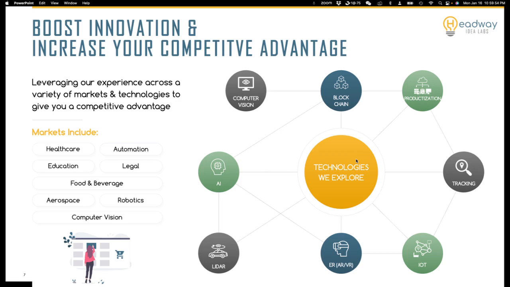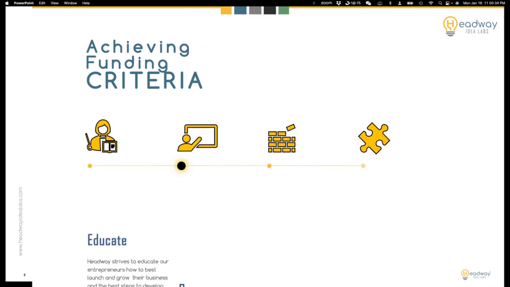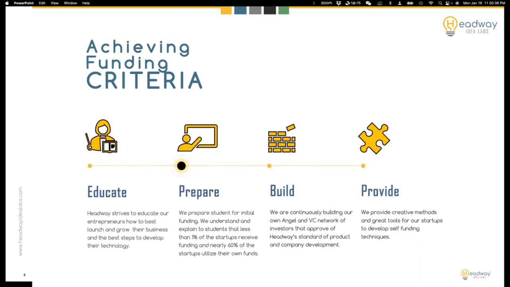And then thirdly, the value and the attractiveness to investors. Achieving funding criteria. So we have partnered with several funding groups, and utilizing disruptive technologies helps with that.